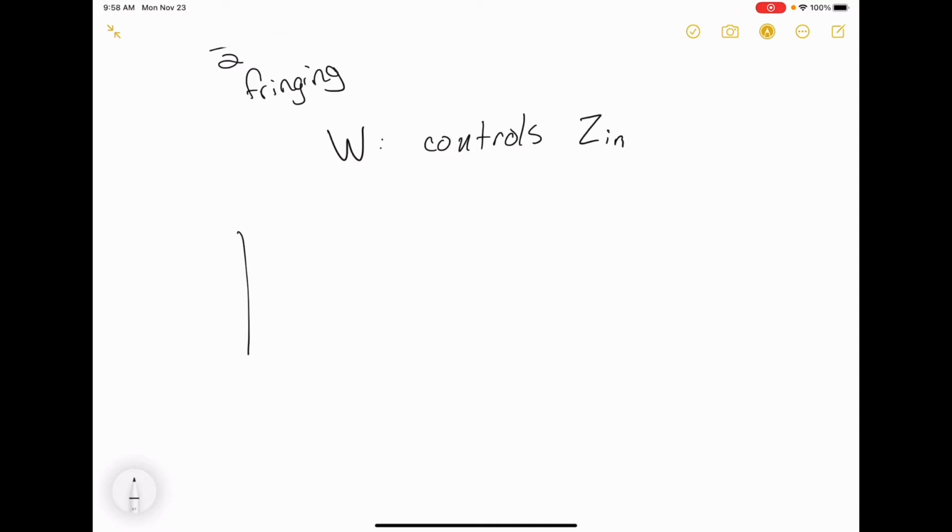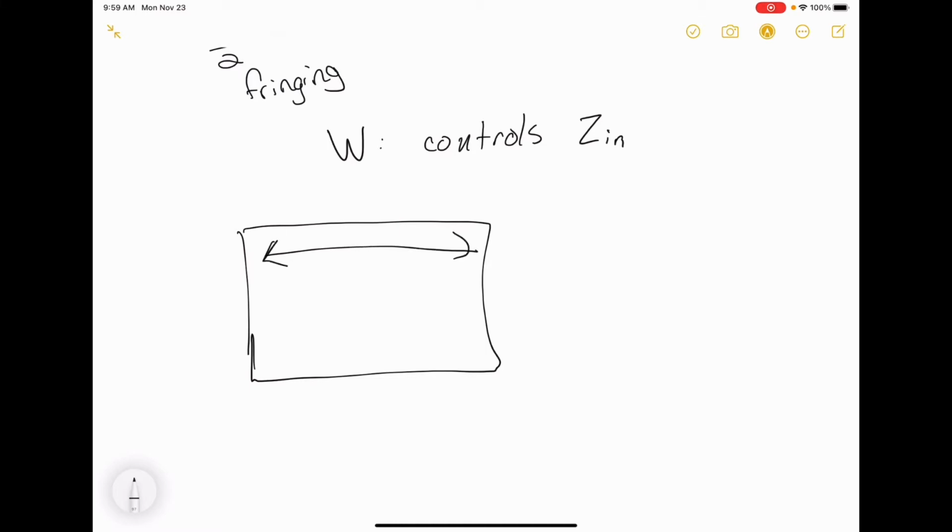This antenna, the way that we've drawn it, can support its fundamental resonant mode in two different directions. You could have current that's flowing predominantly left to right, or you can have current that's flowing predominantly top to bottom.